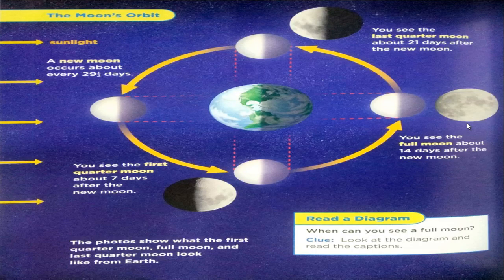Why do the moon's shapes seem to change? As the moon revolves around the Earth, different amounts of the moon's lit half face Earth. This is the moonlit side, or the moonlit part, and this is the dark part.